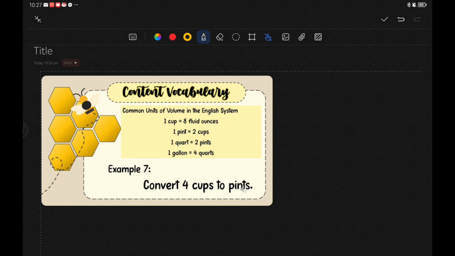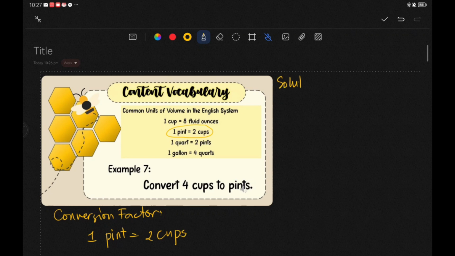Now let's solve example number 7. We are to convert 4 cups to pints. So we are going to use this as our conversion factor. You have 1 pint is equal to 2 cups.